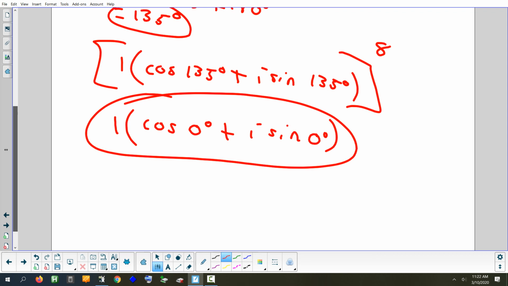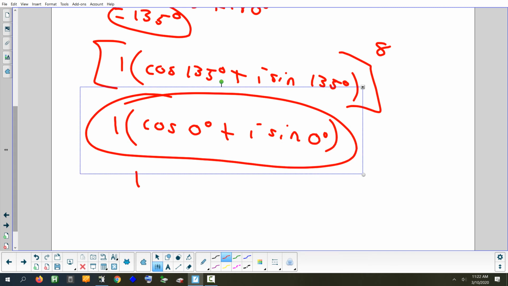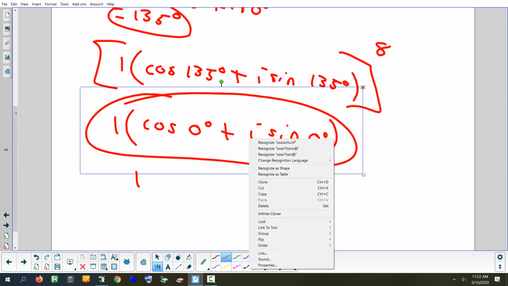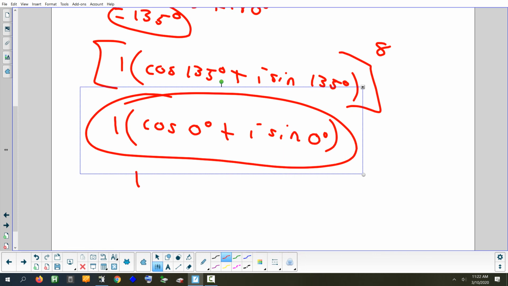And if they wanted this in standard form, you could do this out: 1 times cosine 0 plus 1 times sine 0 times i. Well, the cosine of 0 is 1. What's 1 times 1? 1. The sine of 0 is 0. 0 times anything is what? 0.